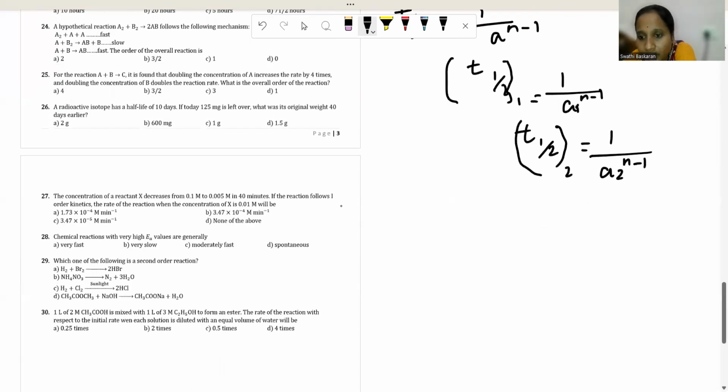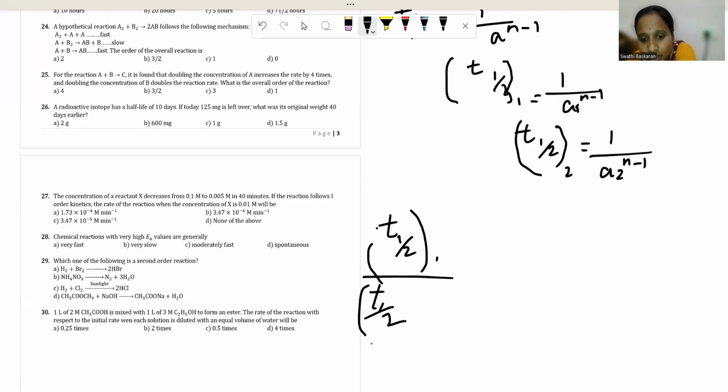Then you will get t half 1 divided by t half 2.